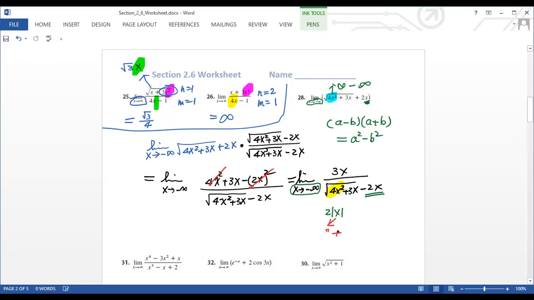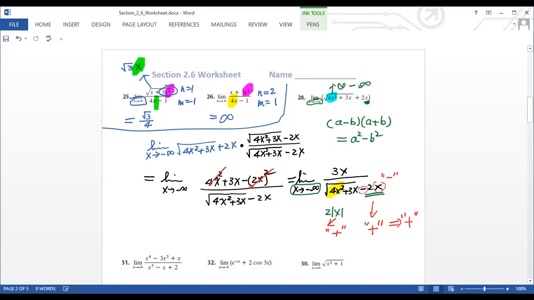This is going to be a positive, correct? And when x approaches negative infinity, the x term here is going to be negative, but I still have a positive sign here. So this term is going to be positive. So the whole denominator, infinity plus infinity, is going to become positive infinity, right?